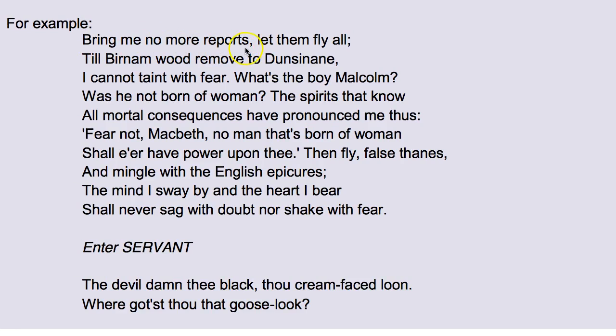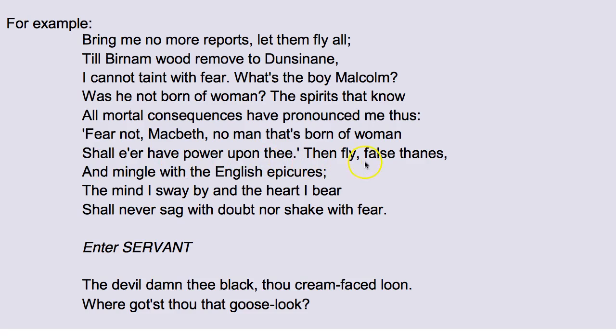Bring me no more reports. Let them fly all. Till Birnam Wood remove to Dunsinane, I cannot taint with fear. What's the boy Malcolm? Was he not born of woman? The spirits that know all mortal consequences have pronounced me thus. Fear not, Macbeth. No man that's born of woman shall e'er have power upon thee.